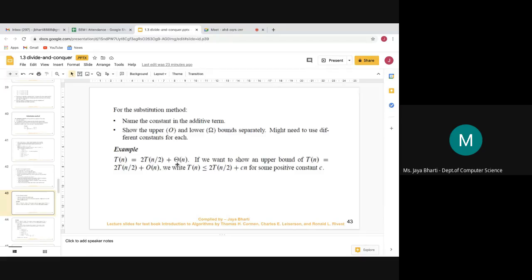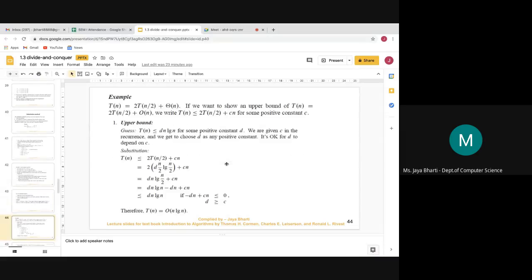So we will do it this way for the cases in which we are not able to guess the solution. So suppose this is the example, and for it we need to compute the upper bound. So we will write it like this, and then guess T(n) is less than or equal to d n log n for some positive constant d. Okay, so this could be any value.